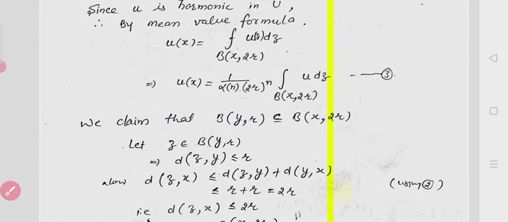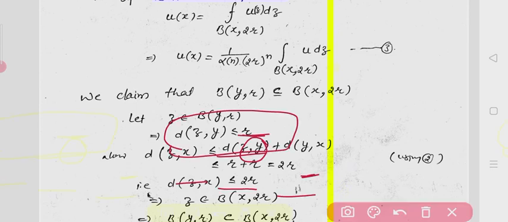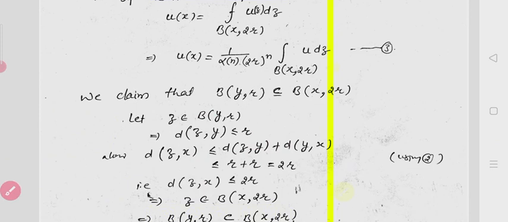Now we claim that B(y,r) is contained in B(x,2r). So there is some ball having center y and radius r that will be contained in B(x,2r), where y and x belong to v. So if you are claiming this thing, that means this ball should be contained in this one, and we have to prove it.